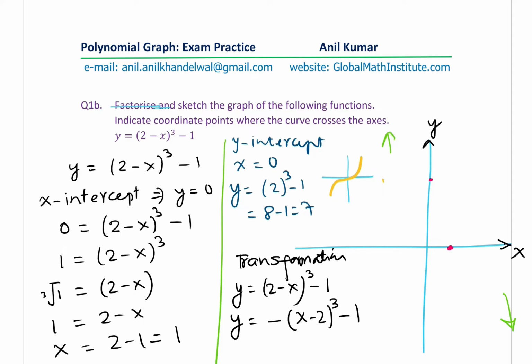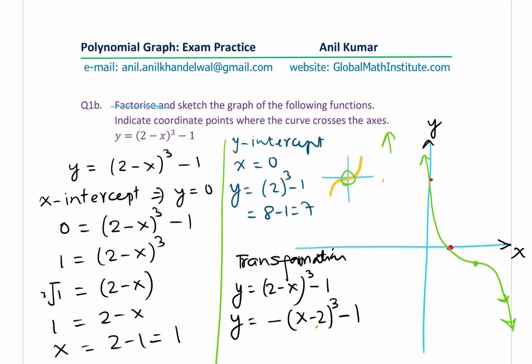The point which was at the origin has been translated 2 units right and 1 unit down. So that point, which is the saddle point, has been translated to somewhere there. You get the idea, right? So basically the graph is coming down from here and then going like this.